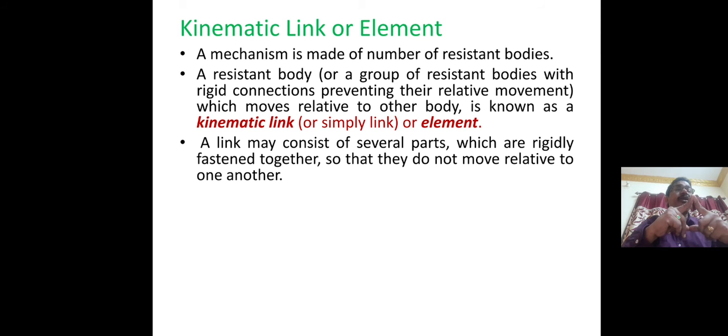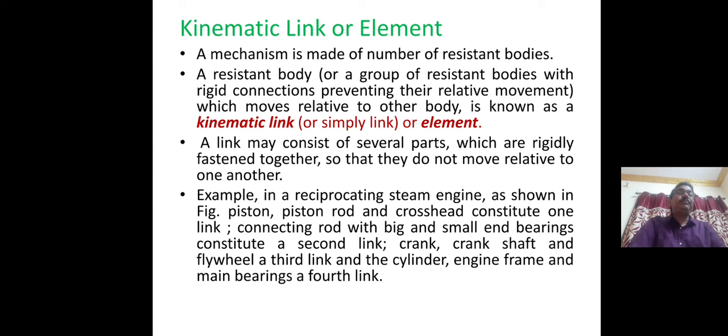A simple example, which we already studied in thermal engineering, is the piston rod and crosshead. It is a joining of parts, but there is no relative motion between piston rod and crosshead, so totally it is one component, one element, or one link.